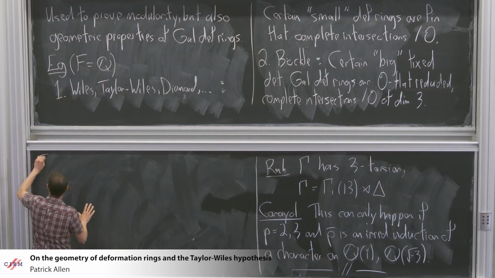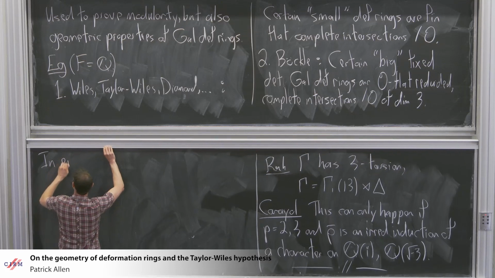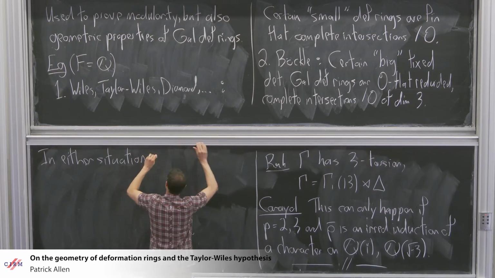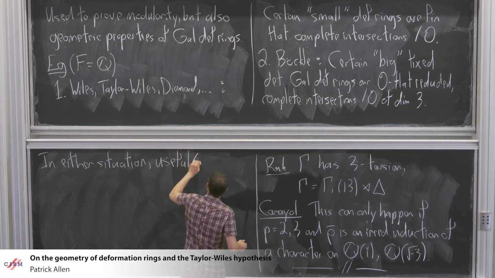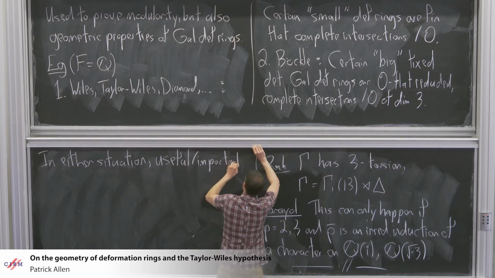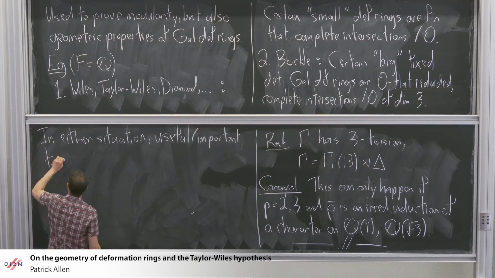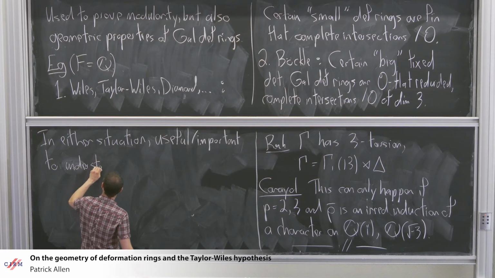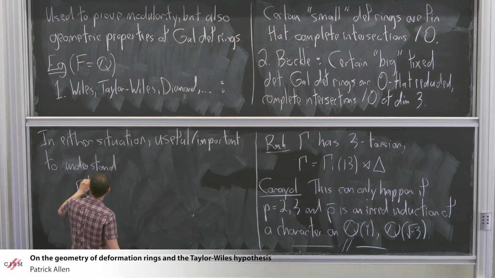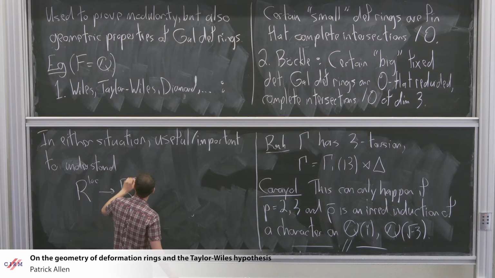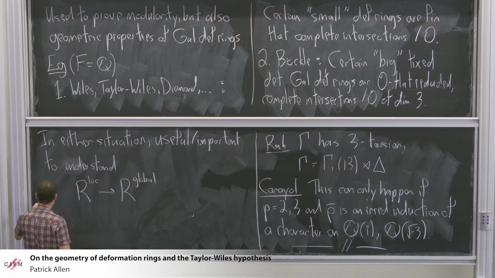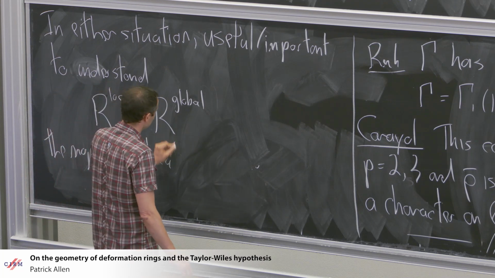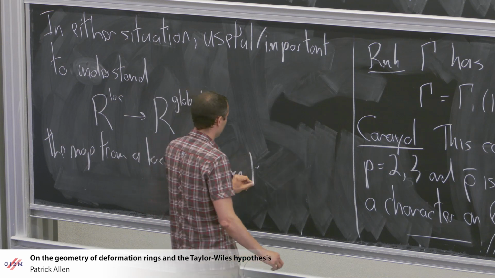So in either situation, it's often sort of useful or important, depending on what you're trying to do, to analyze or to understand maybe a map, the map from a local deformation ring to a global one.